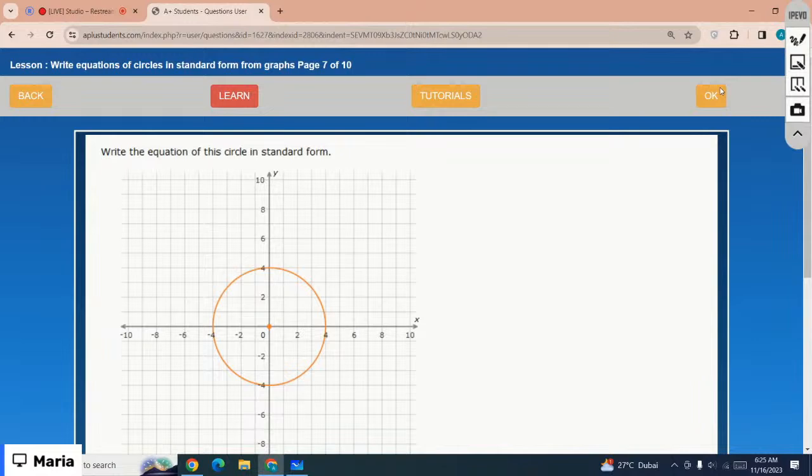You write the equation of the circle in standard form. So which option is the correct one?